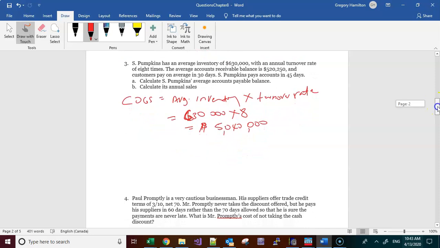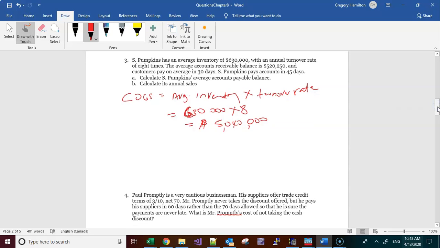So now we need to find what? Our average accounts payable. We first find our cost of goods sold. Now we're going to have to find the average cost of goods sold, which means per day, and then we use that to multiply by the number of days.